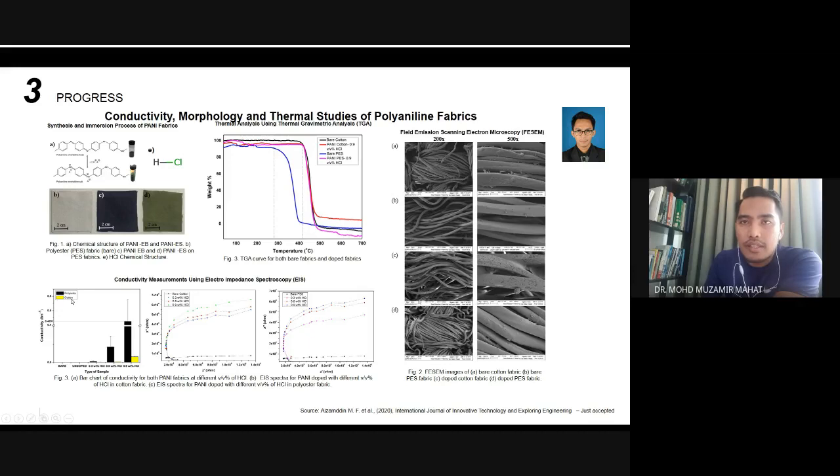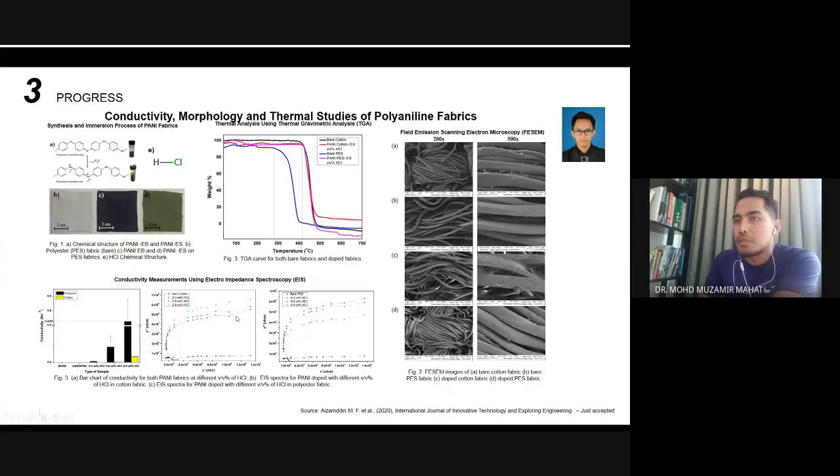We suggest that this observation is in line with the previous findings, showing that this polymer, the polyaniline, is inserted well into the fabrics compared to cotton. So it means that polyester is much better than cotton for conductivity purposes.